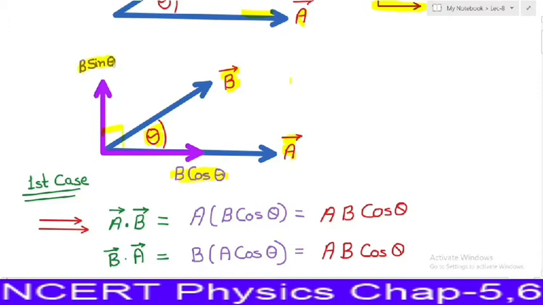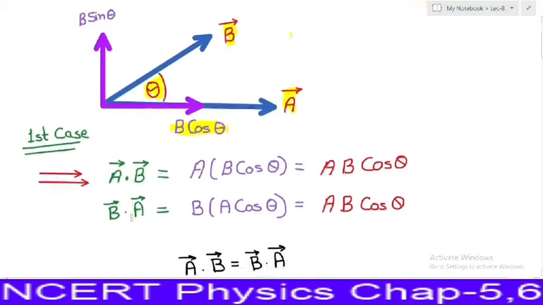Here I just took components of vector b in the direction of a and perpendicular to a. Because this angle was theta, that's why this component value is b cos of theta and this component value is b sin of theta.